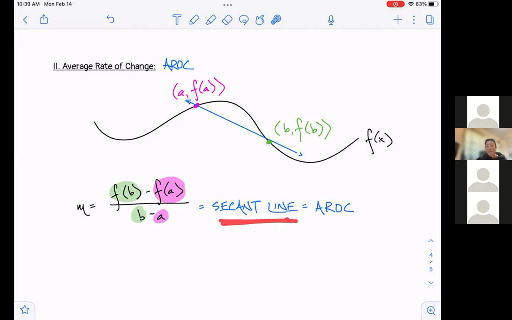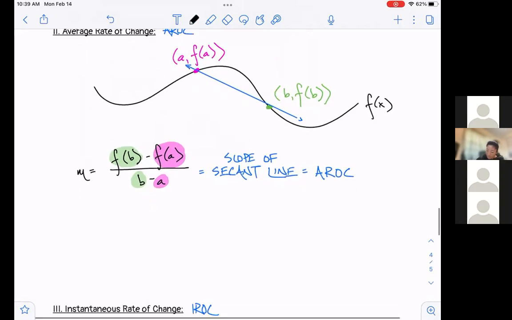Secret ways of asking the same question. So average rate of change, super familiar to us, just the slope.